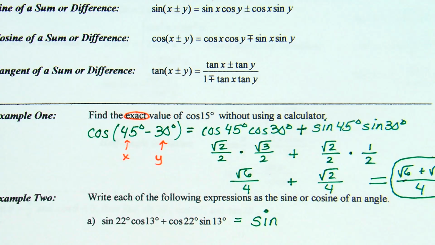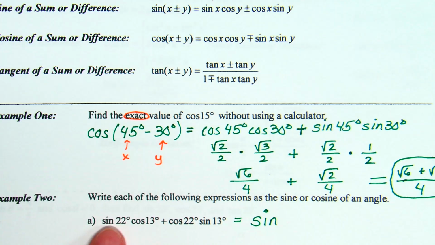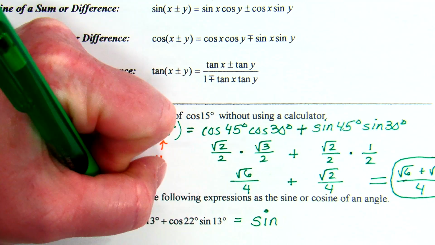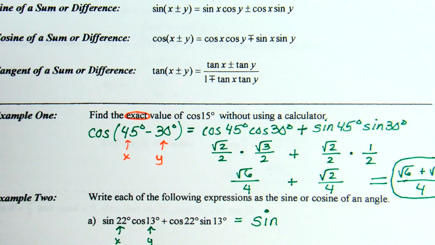Now, what are my x and y values? 22 and 13, because it's sine x, cosine y, cosine x, sine y. So I am using 22 degrees and 13 degrees as my x and y.